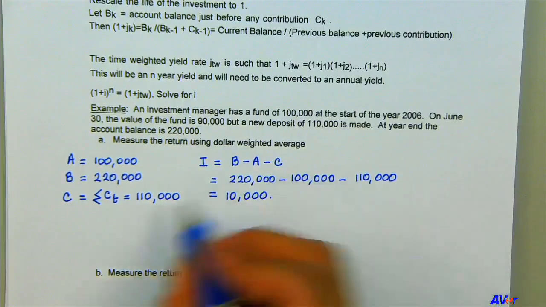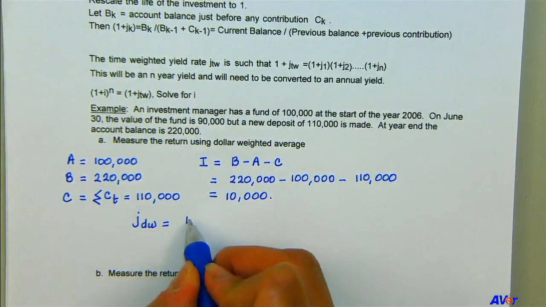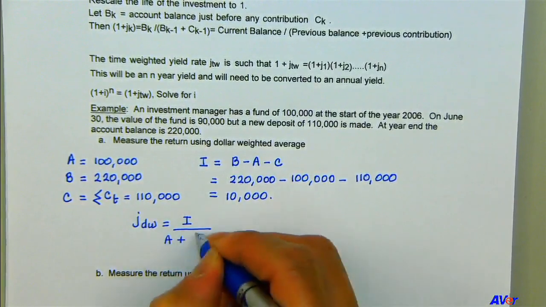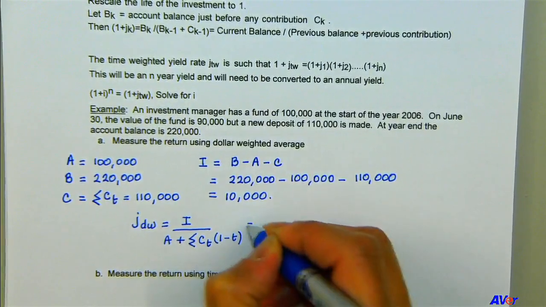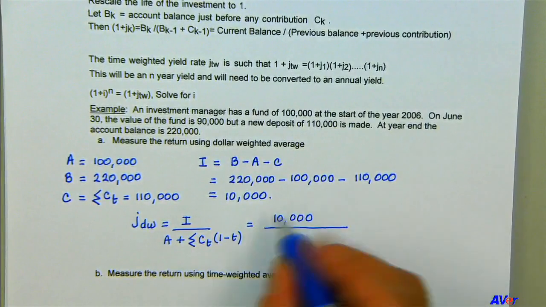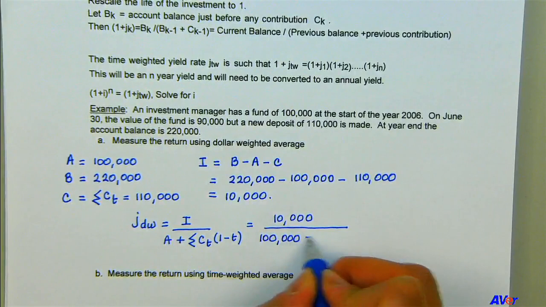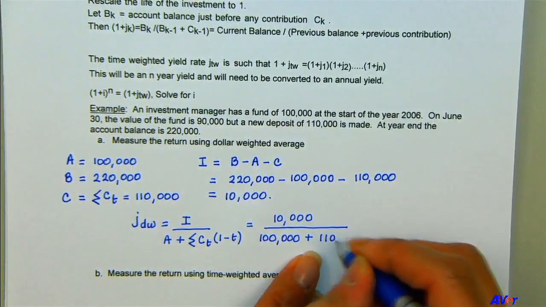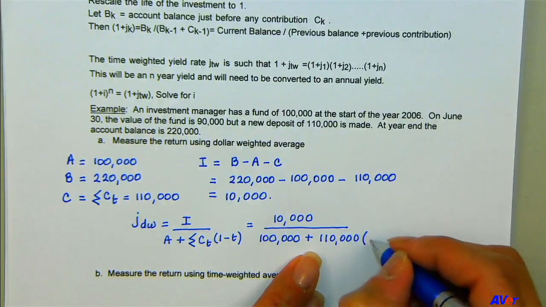And then the next step is just j dollar weighted equals I over A plus summation c t (1 minus t). So this is equal to 10,000 divided by A, which is 100,000, plus 110 times 1 minus t.